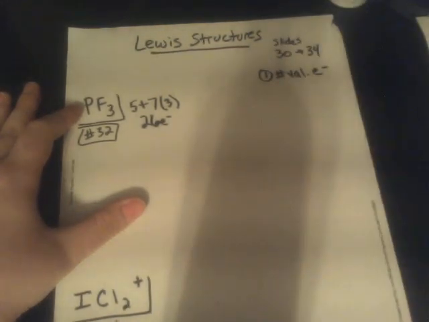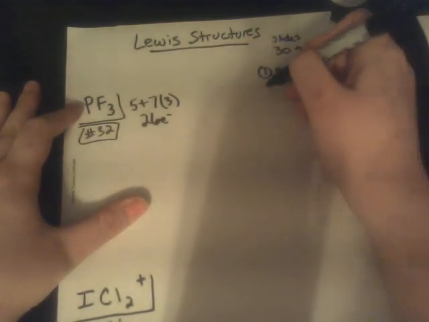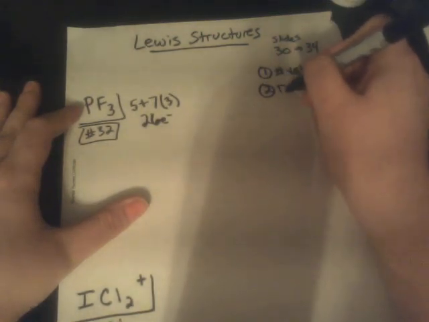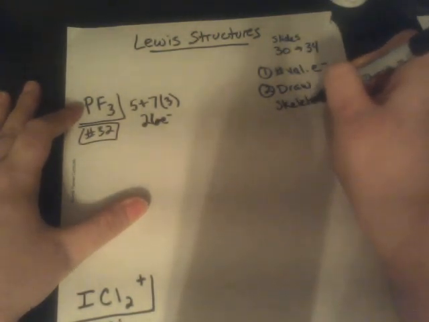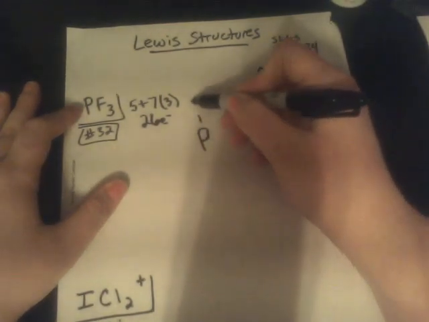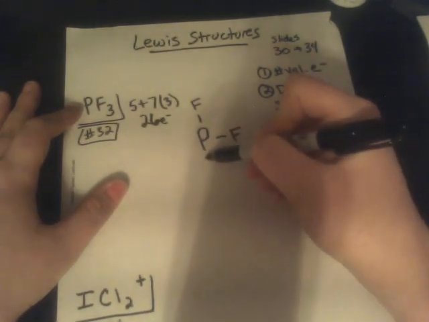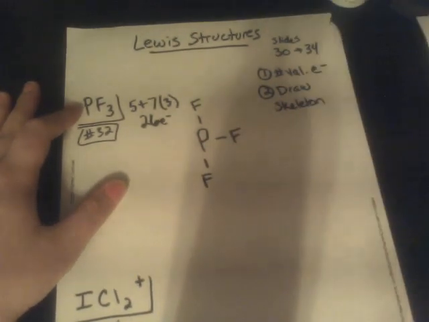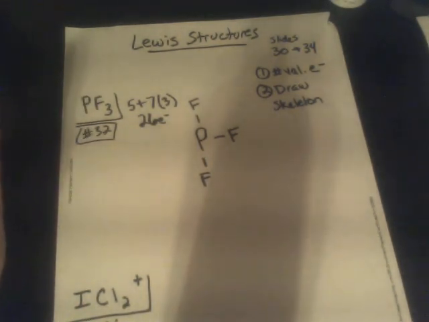So the next step after we've totaled it up is, I call it drawing your skeleton. So we're going to draw our skeleton. I decided that P is going to be in the center. We're going to have an F, and an F. Our skeleton is essentially going to be the way it's connected.